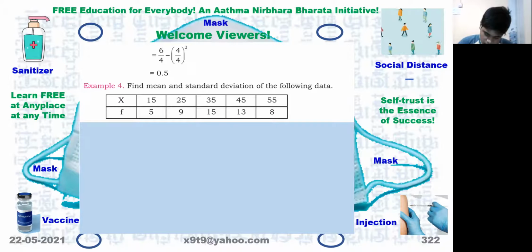What is that one? Variance. That is called variance. So standard deviation is 12. Correct. Very good.